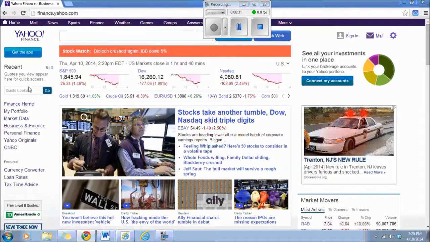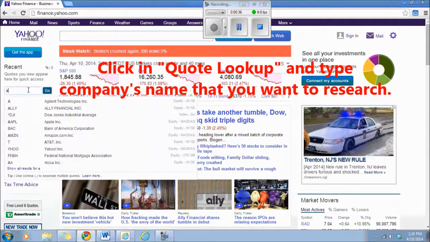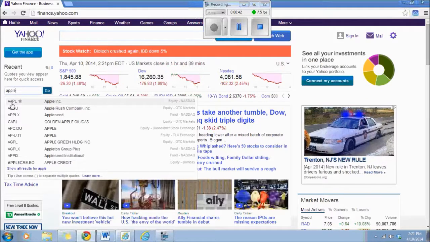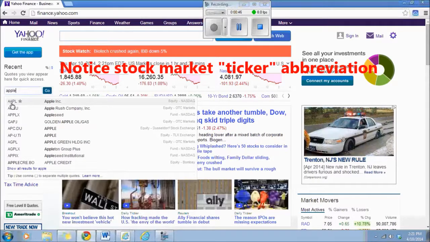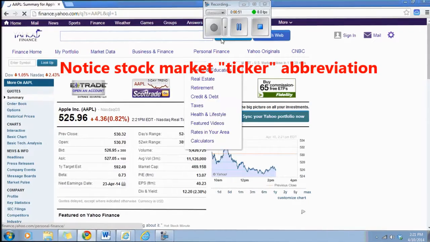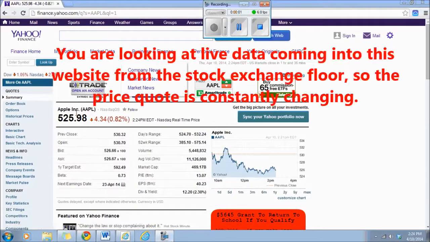When you want to look up a quote, for example, maybe you want to look up Apple, you type in Apple, and you can see what the stock market ticker abbreviation is, and you can click on Apple Computer. If you notice, this information is changing.